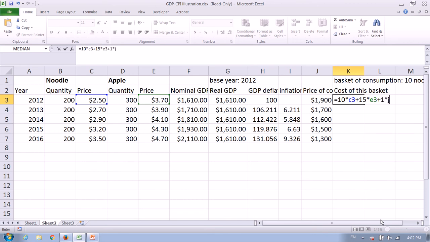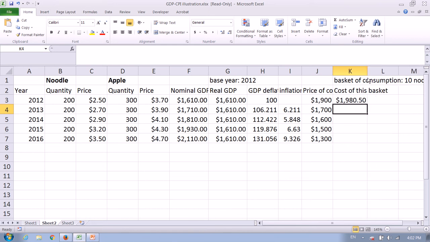So the cost of this basket in year 2012 is almost $2,000. Similarly, do it for other years.